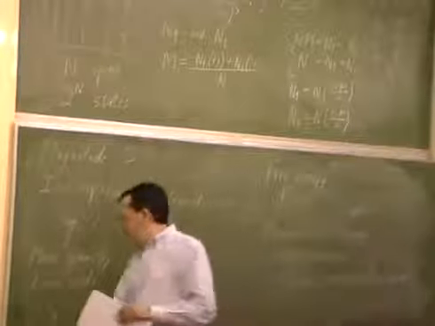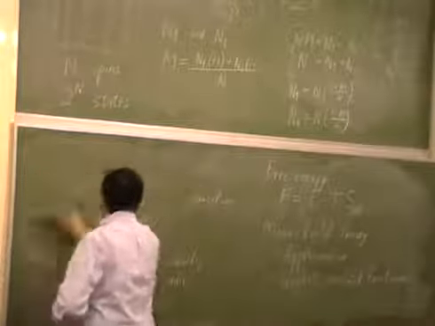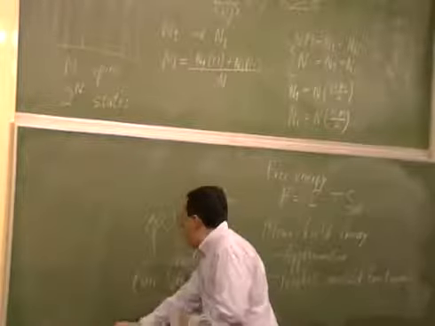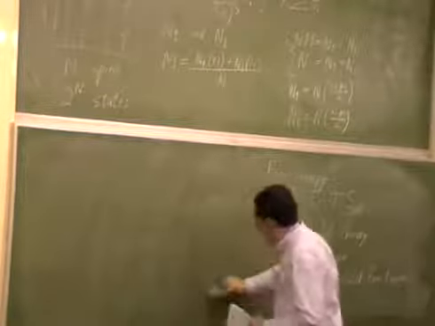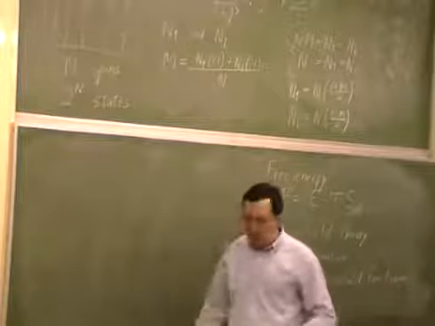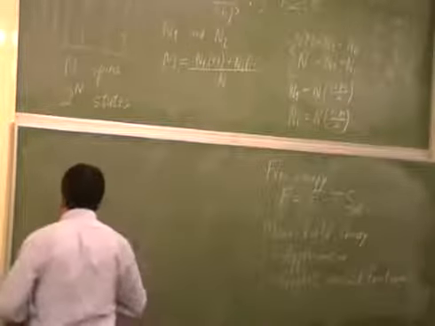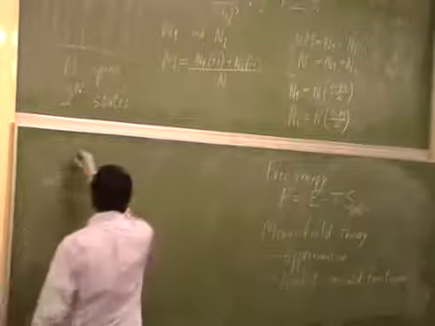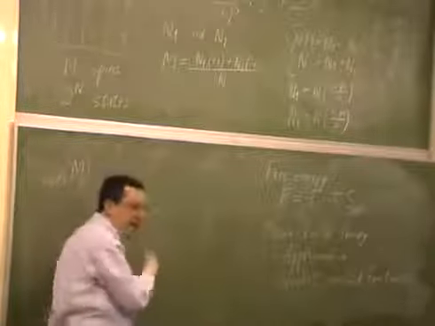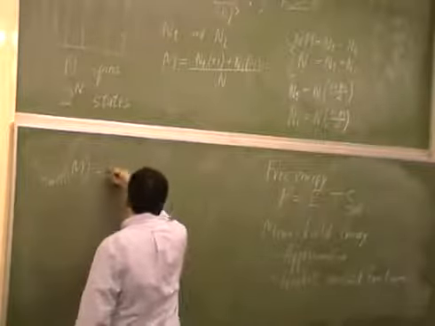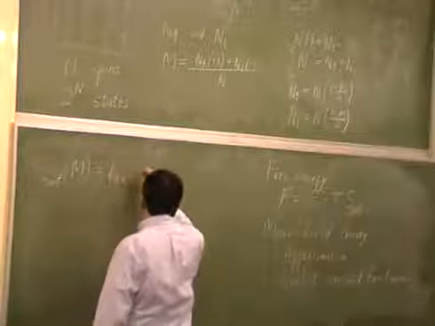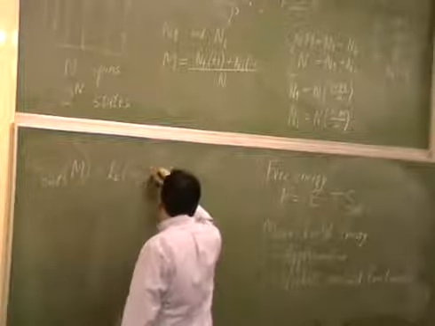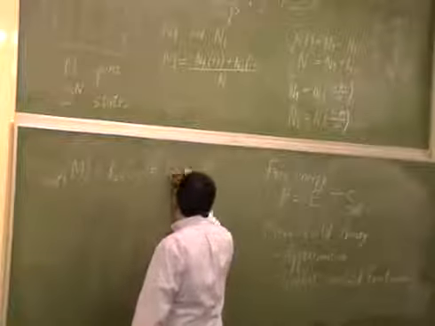All right, so for the entropy, you remember from statistical mechanics classes, the entropy is the log of the number of states, multiplied by Boltzmann's constant, okay? So the entropy, as a function of magnetization, is Boltzmann's constant times the log of the number of states.